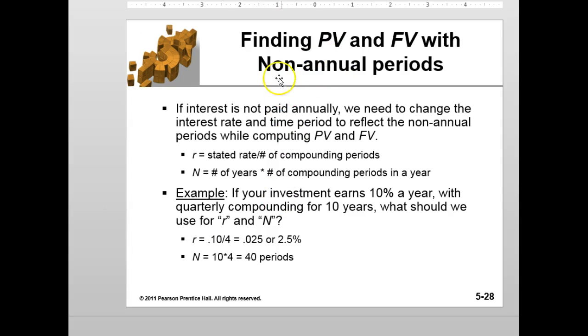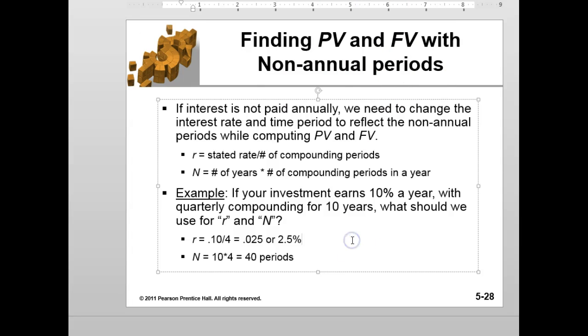So then they talk about finding the present value and the future value for non-annual periods. What you're going to have to do is, when they say it's compounded, what have they got here? Quarterly. You're going to have to break the percent down to a quarter, and you're going to have to break the periods down, expand out the periods.